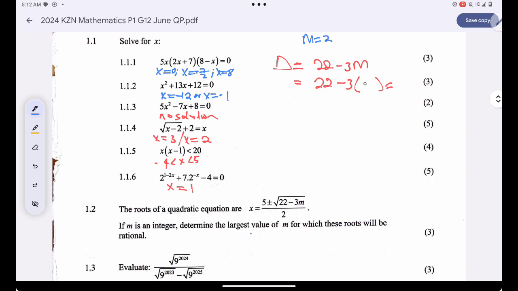If you take a 4, we'll have 22 minus 12, it will give us 10. 10 is not a perfect square, so 4 does not work. If we have 5, we'll have 22 minus 15, which will give us 7. 7 won't work as well.